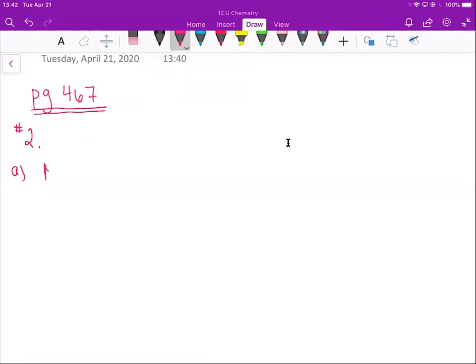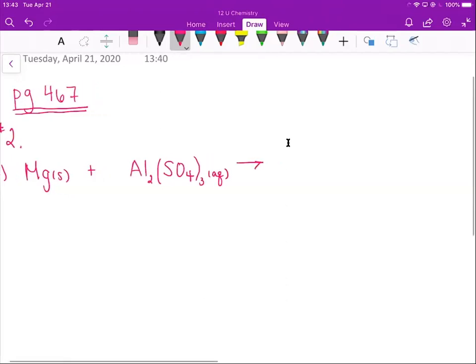We're going to have magnesium, and because there's no state with it, we're going to assume that it's solid, taking it off the periodic table, plus aluminum sulfate. Sulfate is 2 charge, aluminum is 3 charge. So I need 2 aluminums with 3 sulfate, aqueous. I guess I can just do a forward arrow now.